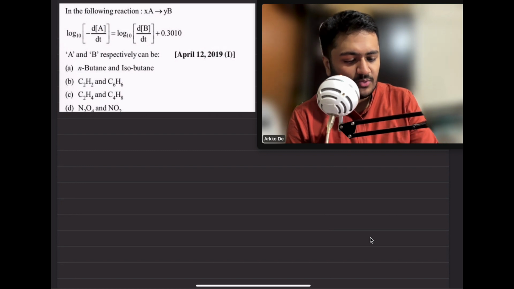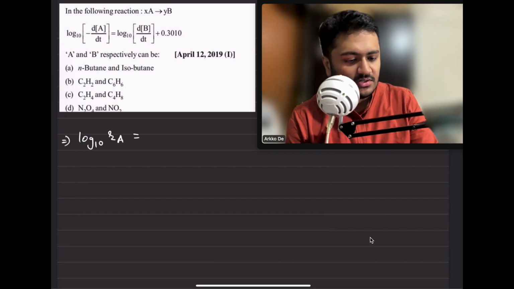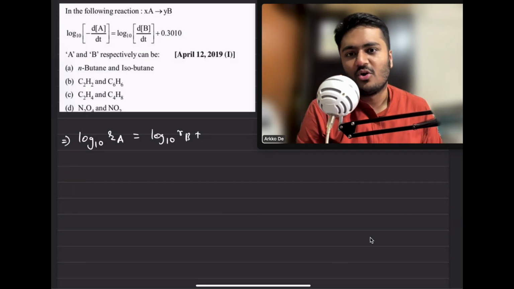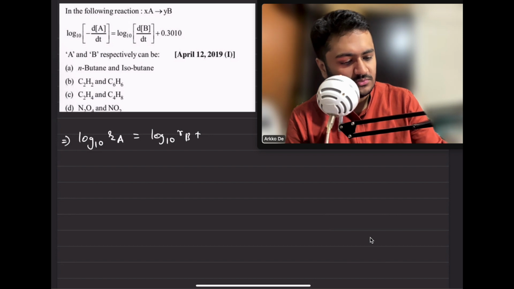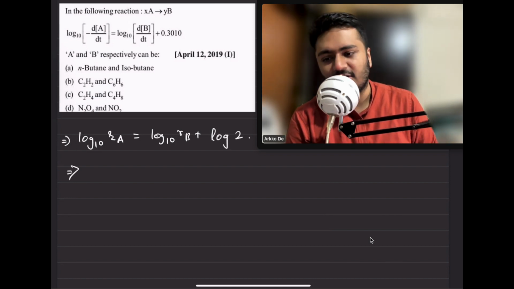What I have is log base 10 rate of A equal to log base 10 rate of B plus 0.3010, which is nothing but log 2. So this is the equation that has been given to me.